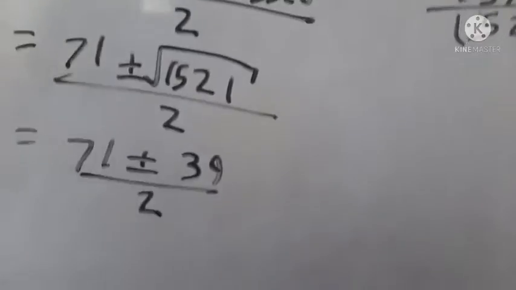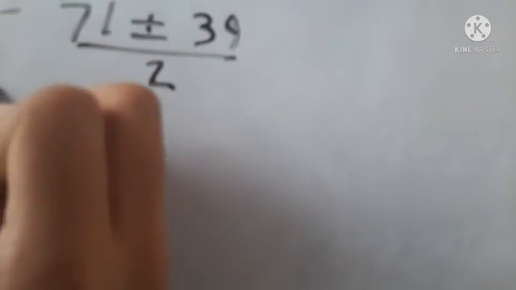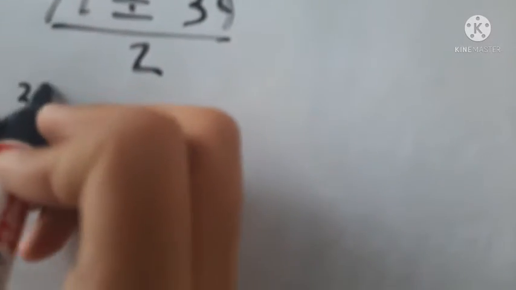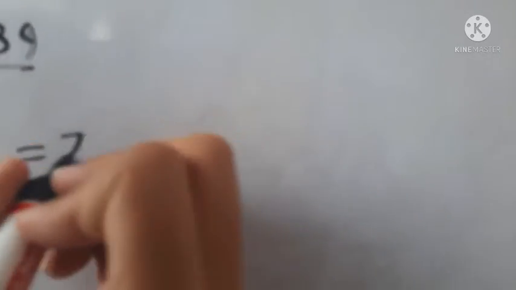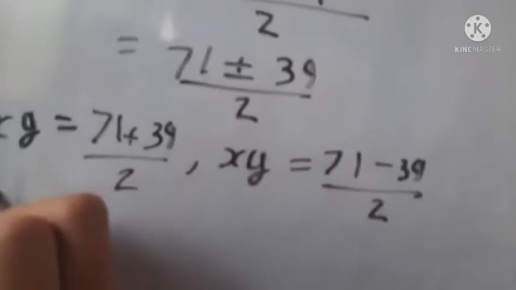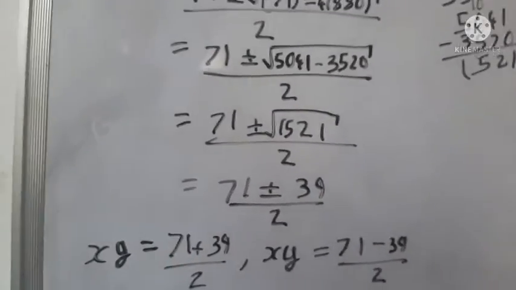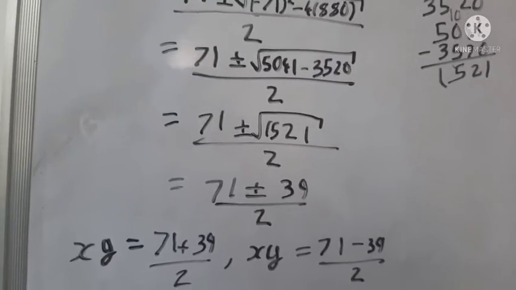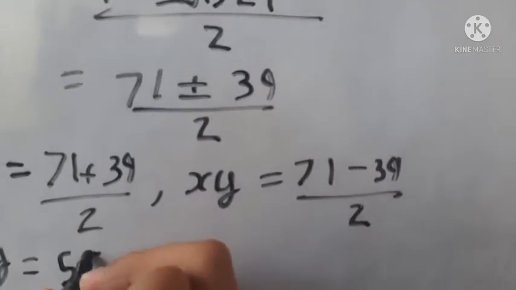Now we get two solutions from here. So xy is either equal to 71 plus 39 over 2, or xy is 71 minus 39 over 2. 71 plus 39 is 110, and that's 55.